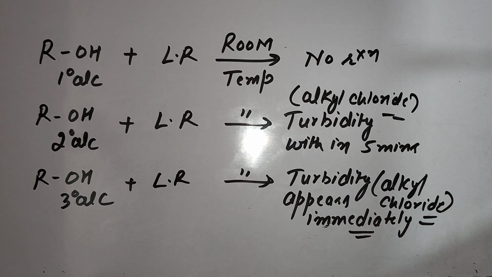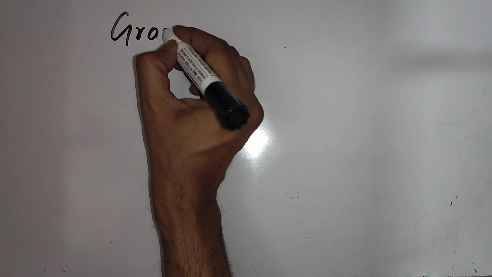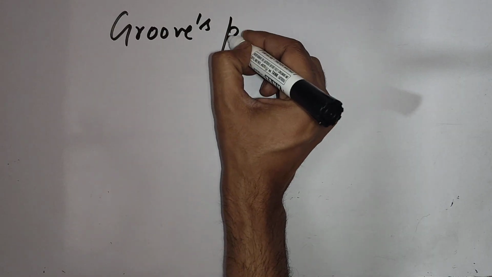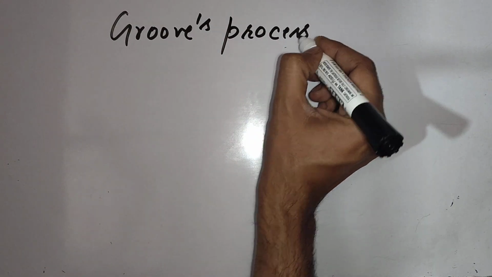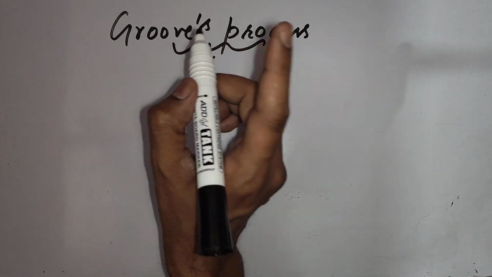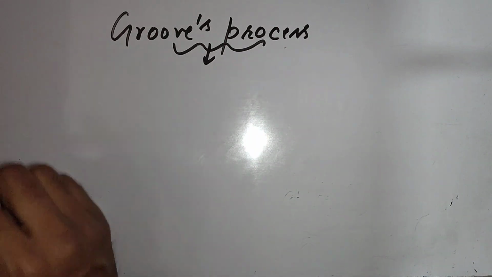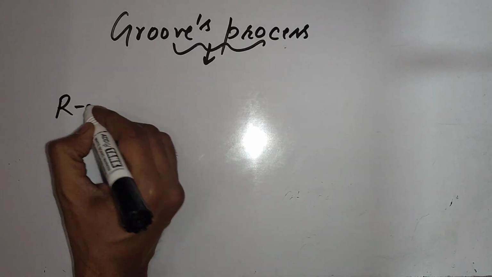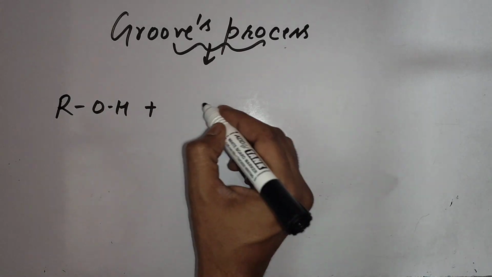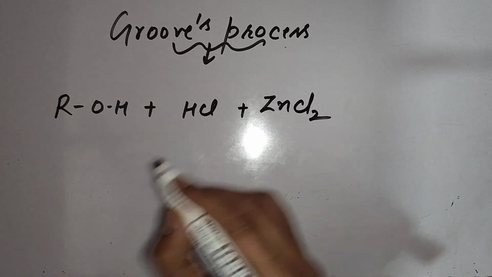Now if I talk about mechanism part, mechanism already we have discussed. Its mechanism is similar to Groove's process. This concept we have done in the generation of alkyl chloride from alcohol. The chapter name was haloalkane, where we have reacted alcohol with HCl and zinc chloride.